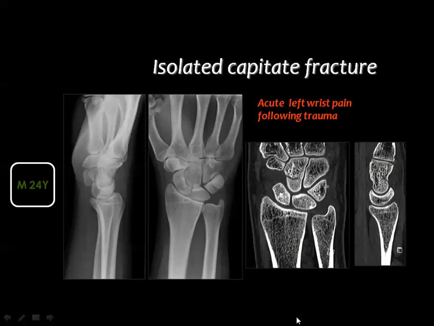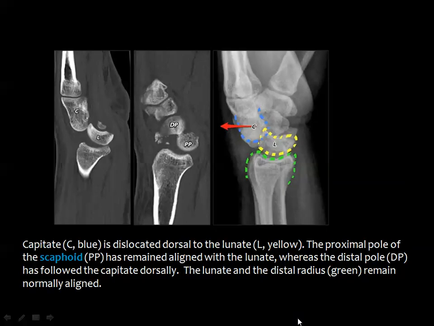Then, in order to diagnose perilunate dislocation, you have major findings. Number 1, the crowded carpus or the crowded carpal bones. Number 2, the fracture of the triquetrum. Number 3, the dorsal displacement of the capitate.